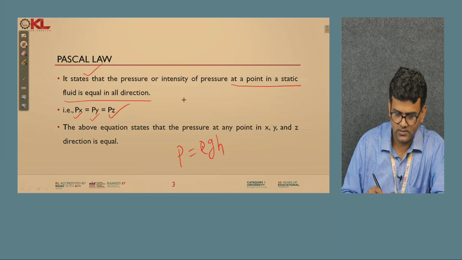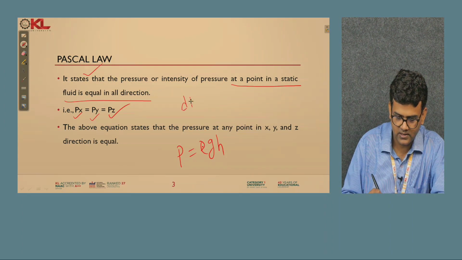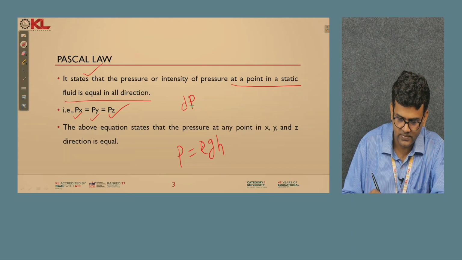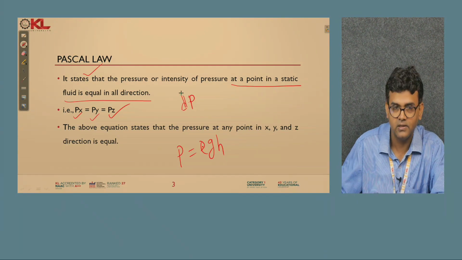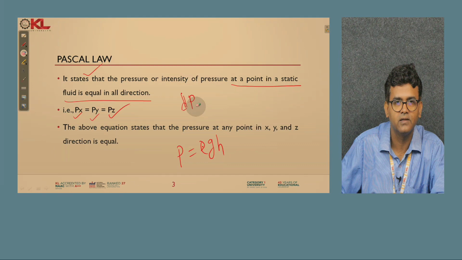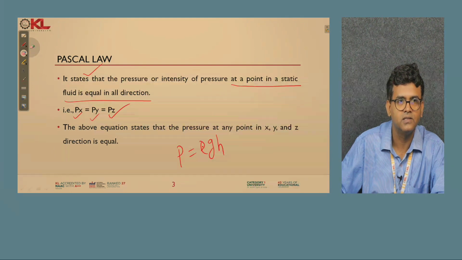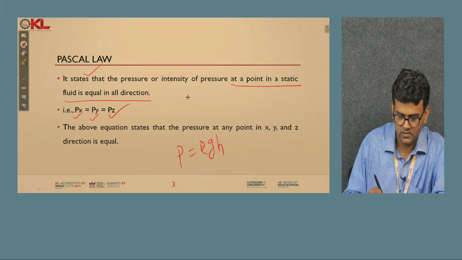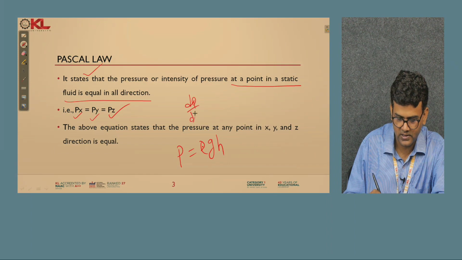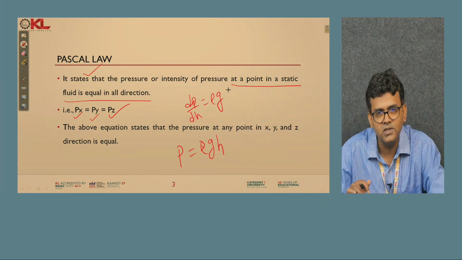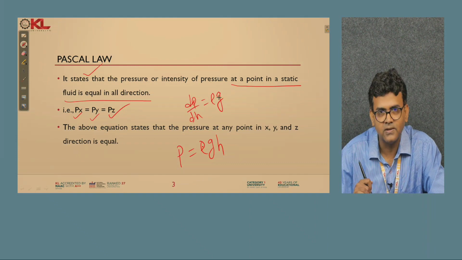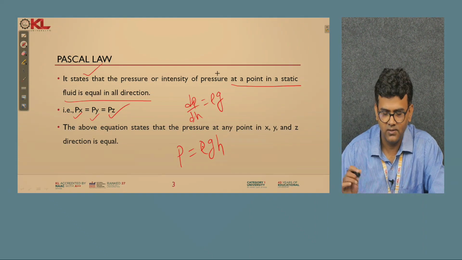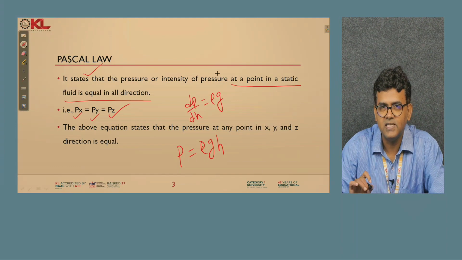If there is a change in the pressure, dP upon dH is equal to rho g. What is rho g? Rho into g, if you remember, is the weight density.